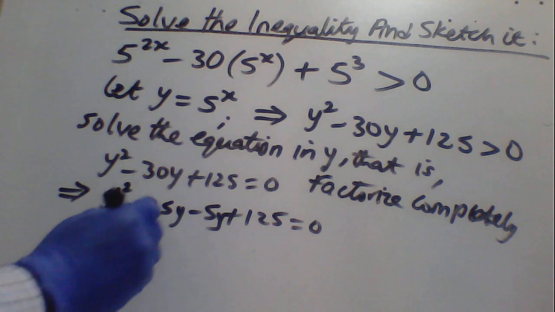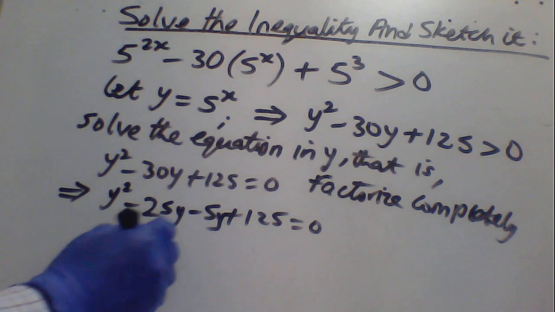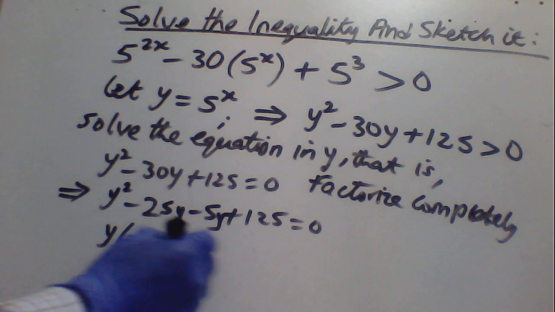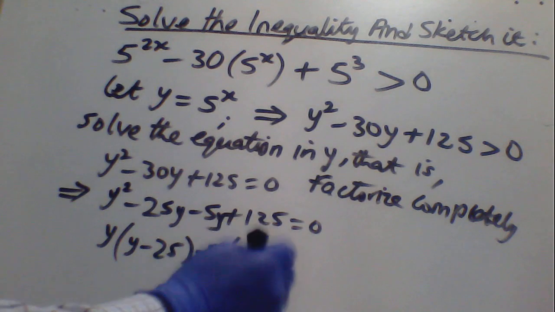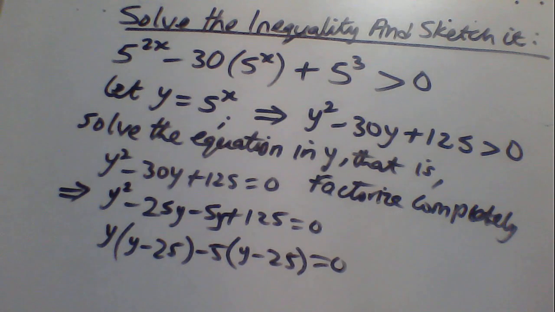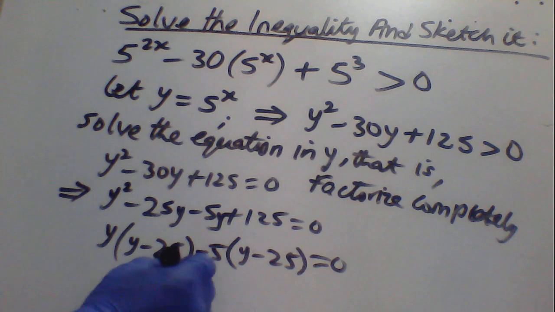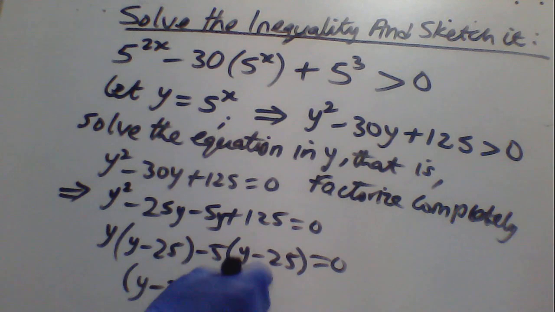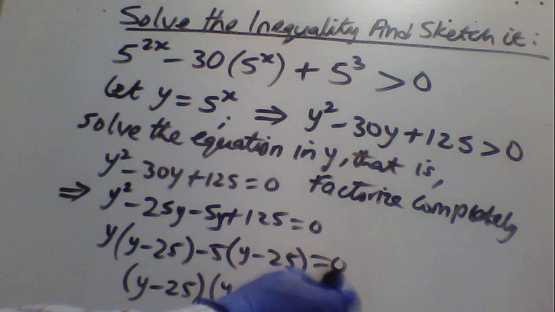In this case, bring y outside, you have y in bracket y minus 25 minus 5 in bracket y minus 25 equals 0. So simplify further, you have in bracket y minus 25, the product with y minus 5 is equal to 0.